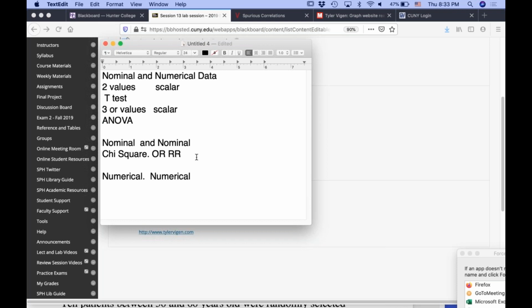Is a person diabetic or not diabetic? Yes or no? And see the probability that they're diabetic based on other factors, numerical and categorical and so on, right? That's called logistic regression. That's used in a lot of studies and statistical analysis nowadays. So it's an important topic for us.